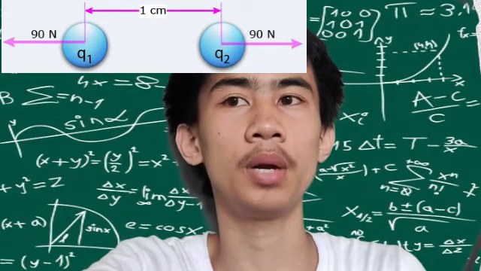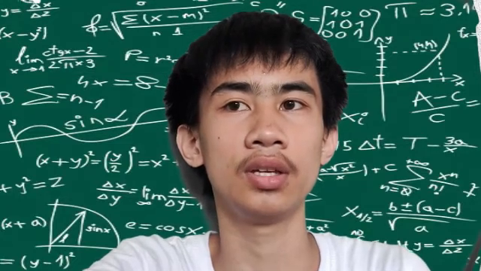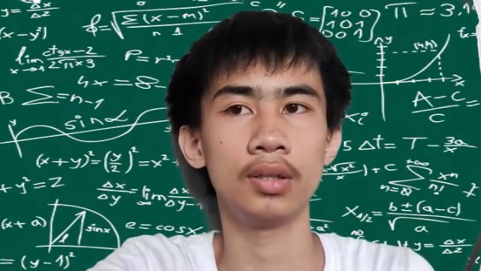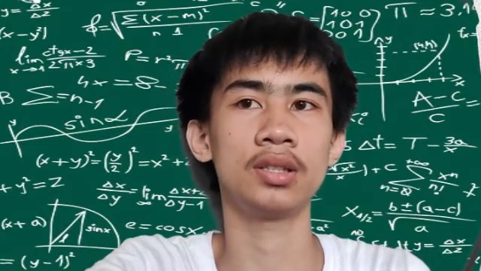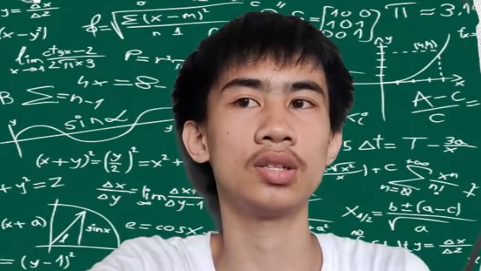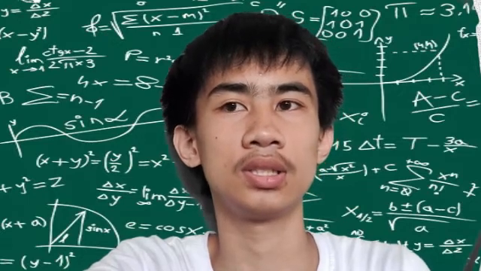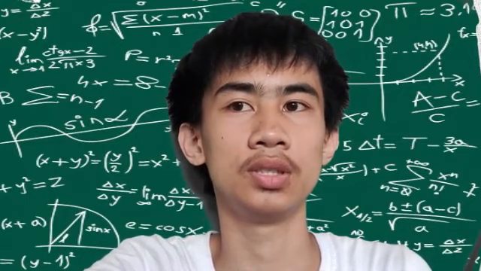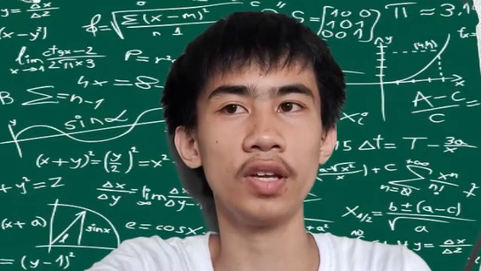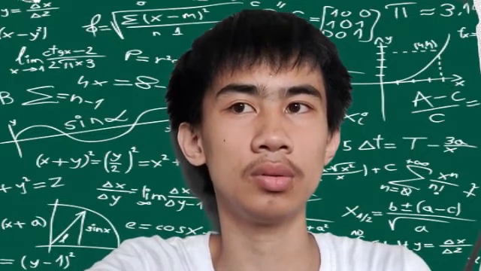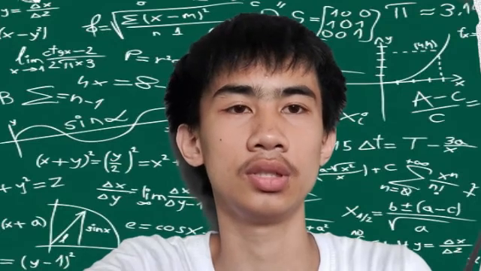We will use the formula F equals K Q1 Q2 over r squared. The problem says that the two charges are identical, so Q1 equals Q2 equals Q. Substitute this into the equation: F equals K Q squared over r squared.